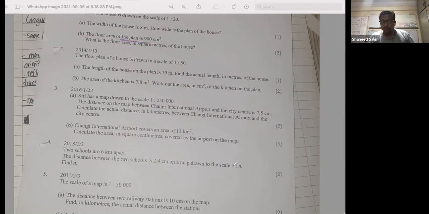In order for you to find the ratio, you need to make it the same unit. This one must make it cm also. Then you can compare. If you don't make it cm, you cannot compare. And notice all ratios will have what? 1 is to something, 1 is to something. So you must make sure in your ratio, this number down here is 1. Okay, all the best. Oh, they give you already 1 down here. Sorry.